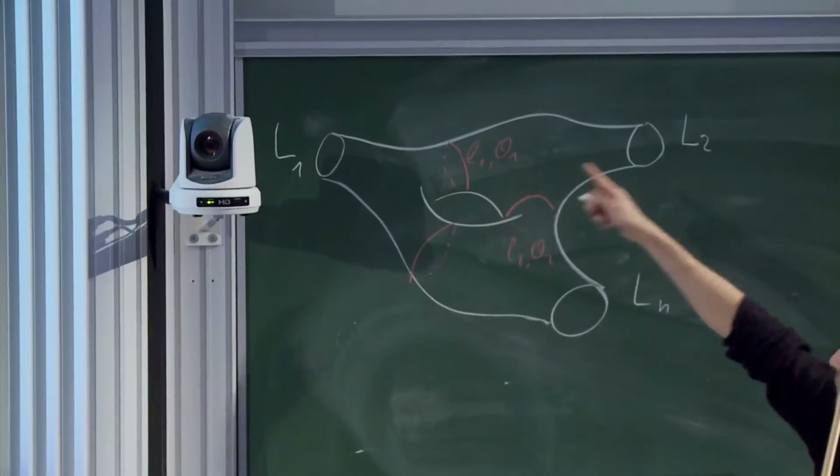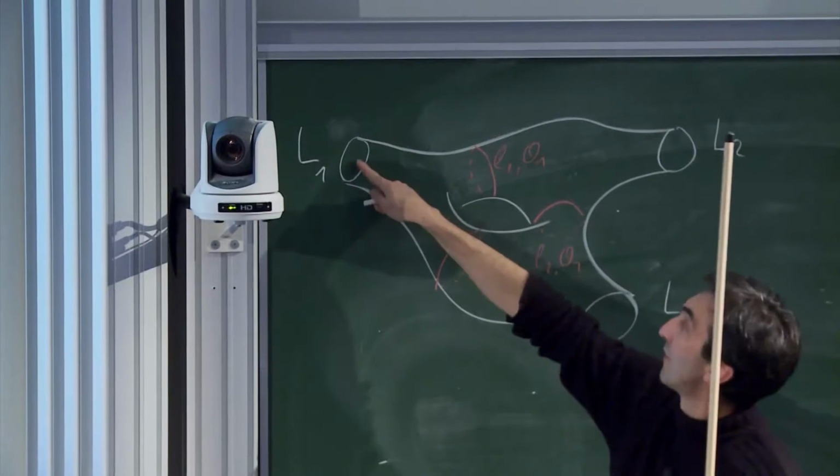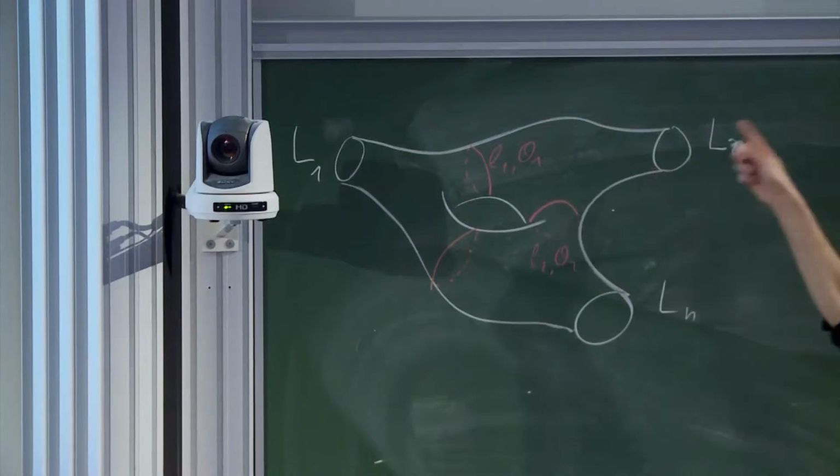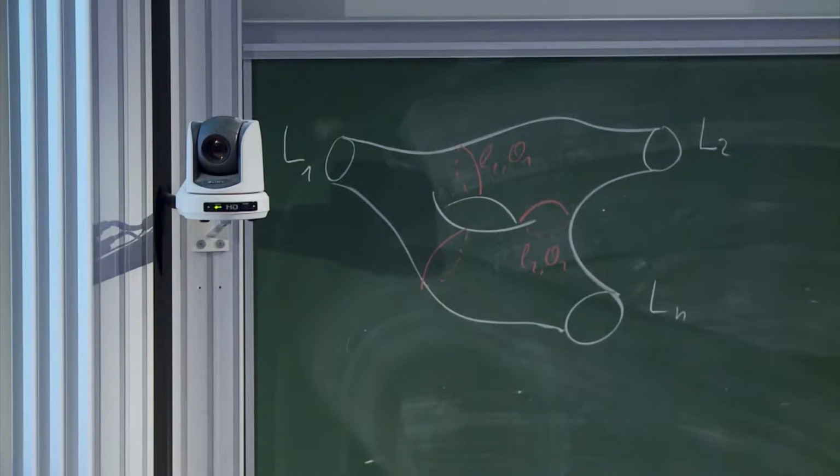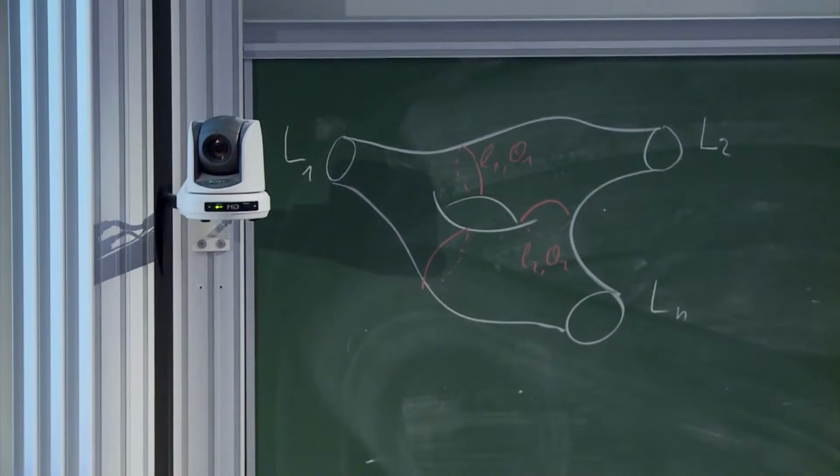Let's say that the lengths of the geodesic boundaries are given, L1, L2, up to Ln, all right? And you want to compute, in some sense, how many Riemann surfaces can have boundaries of given length.